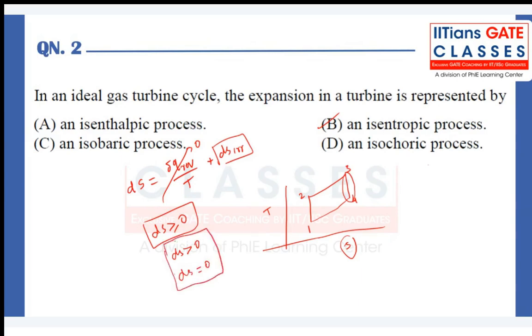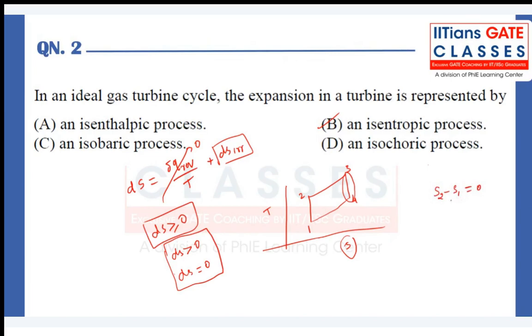There are some misconceptions among students. Can a process still have a constant entropy if the process is not isentropic? We can, right? This is a very interesting process. There can be a thermodynamic process through which the entropy change, S2 minus S1, can still be 0, but it is not categorized as an isentropic process.